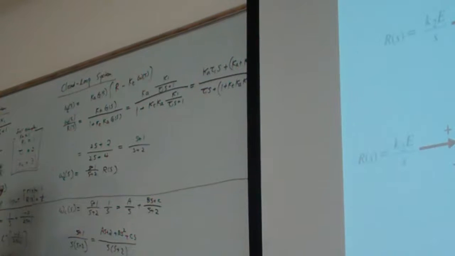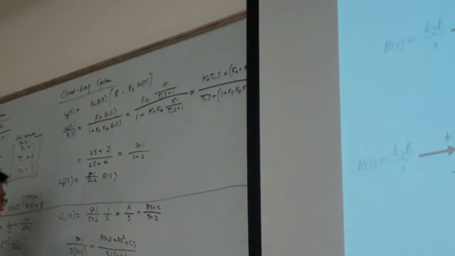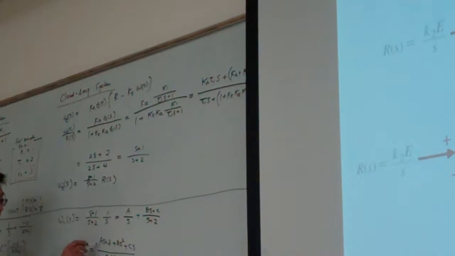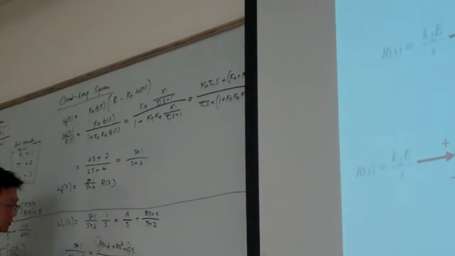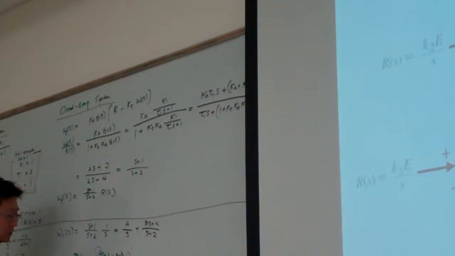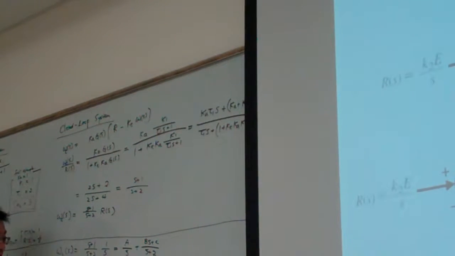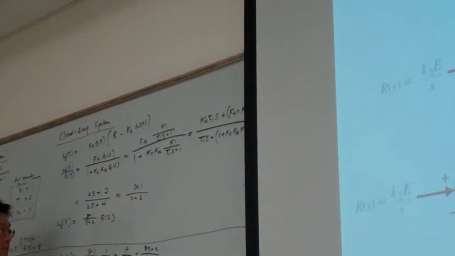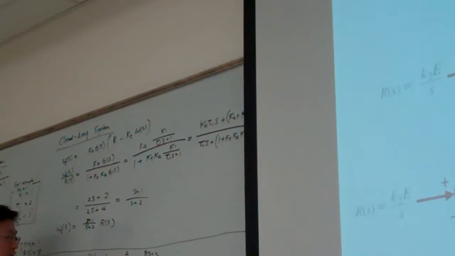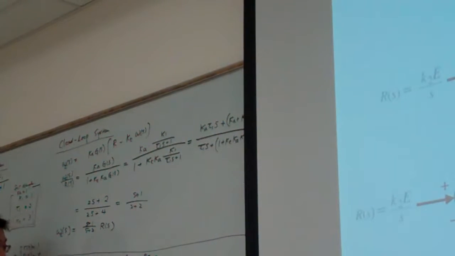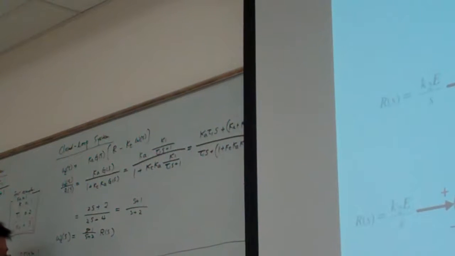So s squared, B equals 0. As for the s term, A plus C equals 1, and the constant term, 2A equals 1.